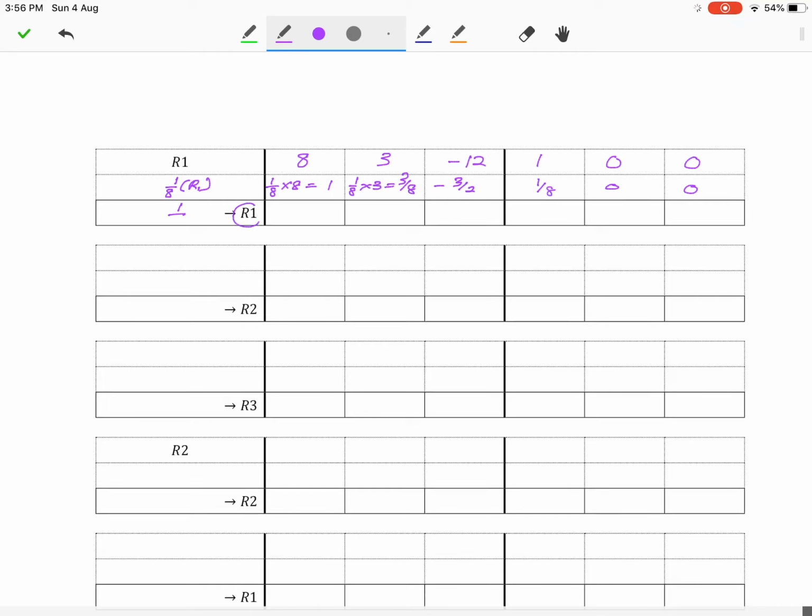The new R1 is the result of multiplying 1 over 8 to the previous row. So now you have 1, 3 over 8, negative 3 over 2, 1 over 8, 0, 0.